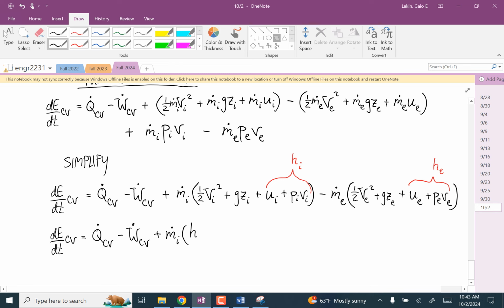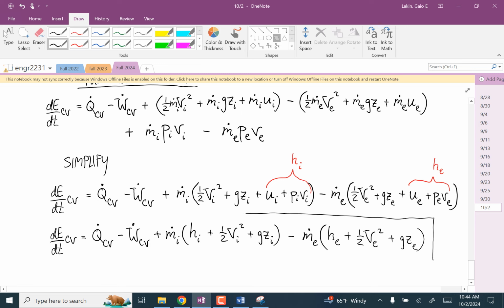So inside the parentheses, h inlet plus 1/2 V inlet squared plus g z inlet, and then minus m-dot exit times the quantity h exit plus 1/2 V exit squared plus g z exit.